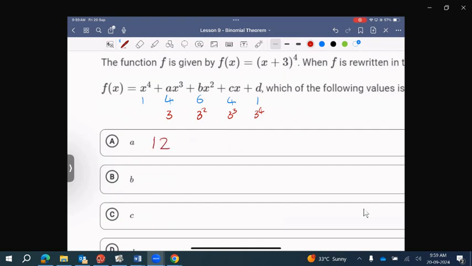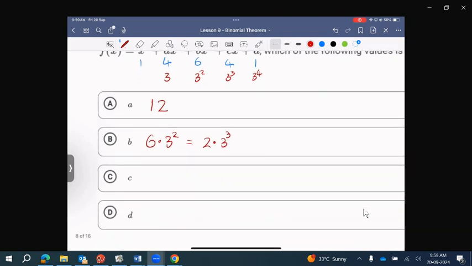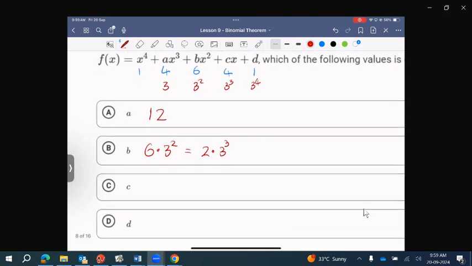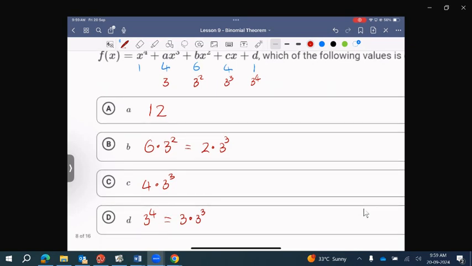This one, 6 times 3 squared, is equal to 2 times 3 cubed. Just move one of the 3's from the 6 into the second product. Our next one is 4 times 3 cubed, and our last one is 3 to the 4, which is 3 times 3 cubed. So I've got 2 times 3 cubed, 4 times 3 cubed, and 3 times 3 cubed.